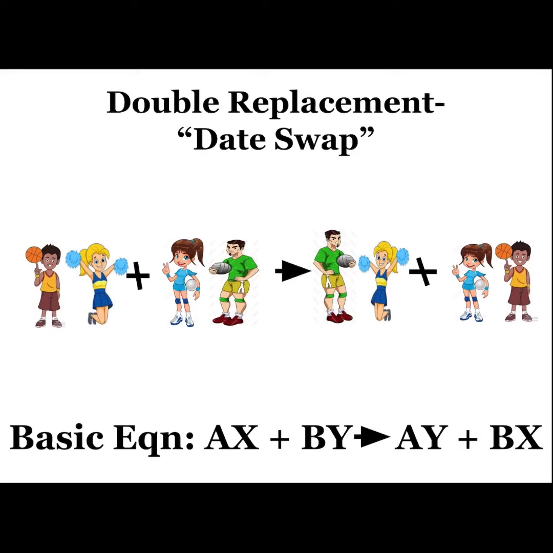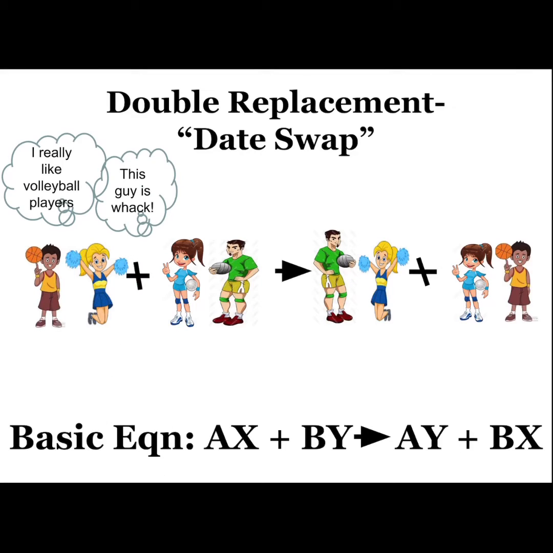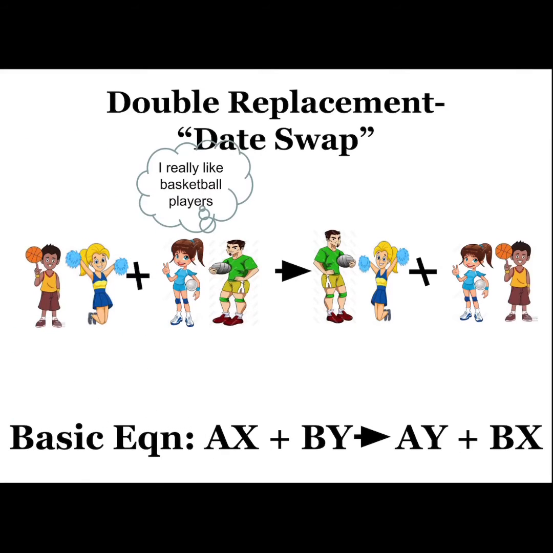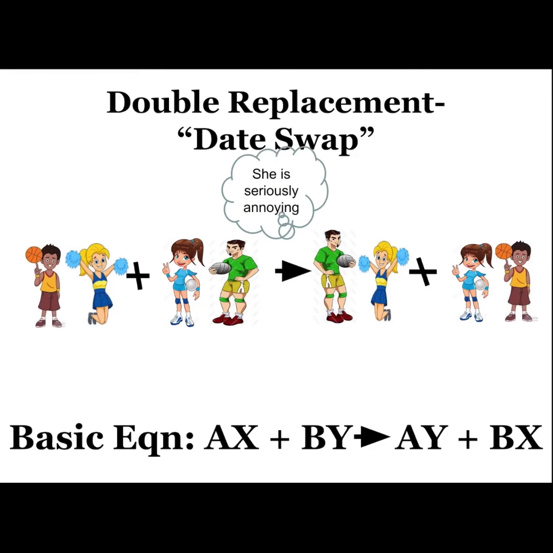The next type of reaction is called double replacement. We're going to call this date swap. So I have AX plus BY to get AY plus BX. So all that's happening is your elements are switching places. So let's say I have this couple right here, then I have another couple right here who's playing volleyball.